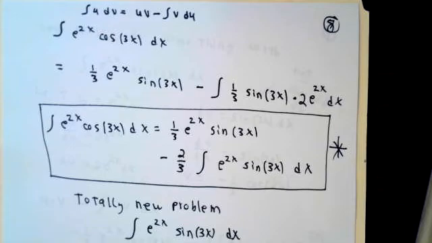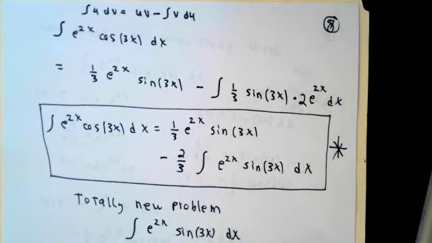In our mind, the u and the v that we used to go from the original integral to this, in your mind, erase them from the whiteboard. They're not there anymore. Totally new problem. I have to come to terms with this integral somehow. I have to figure out some reasonable way of dealing with this integral, the integral of e to the 2x sine 3x.